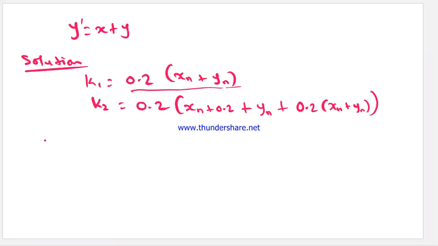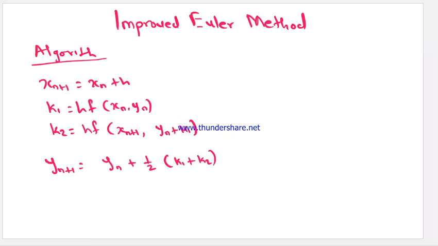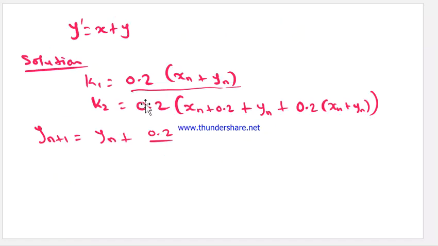So with that, we can now generate our next y position or solution, which is yn plus 0.2. Remember the formula, which is half. So half with this 0.2 divided by 2, 2.2 xn.